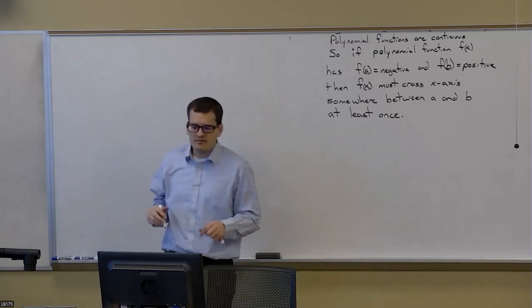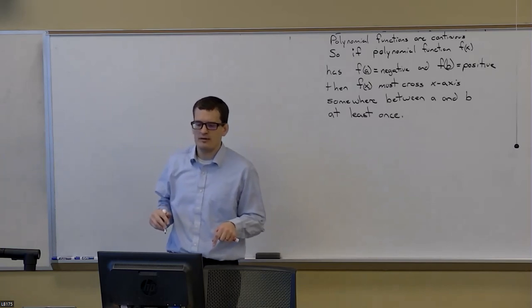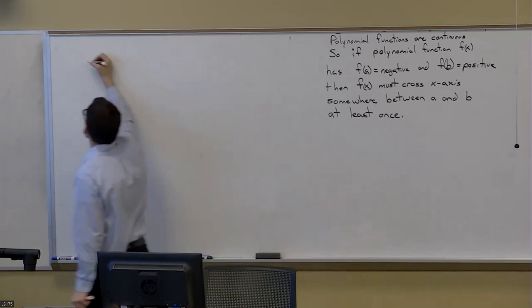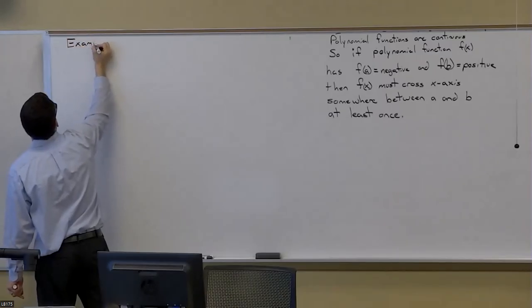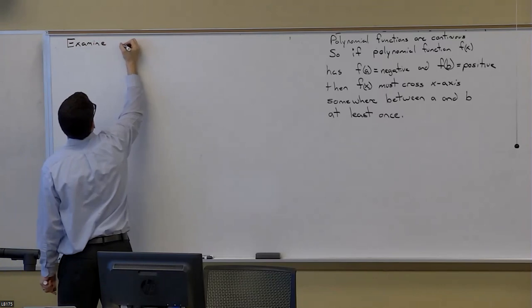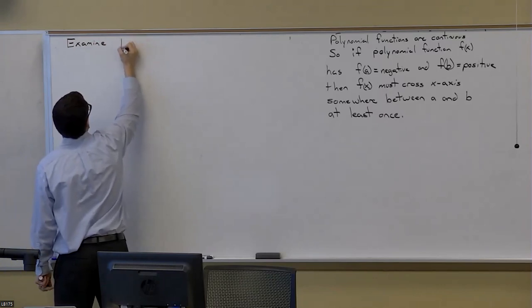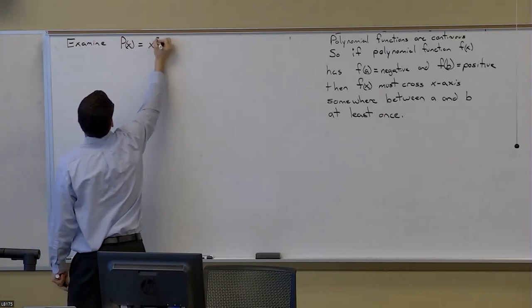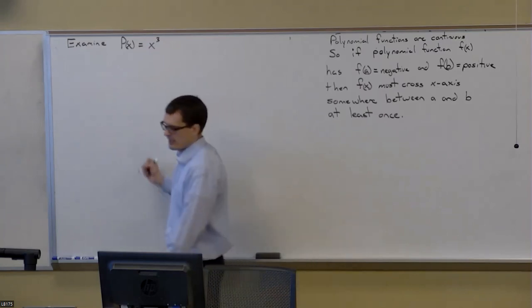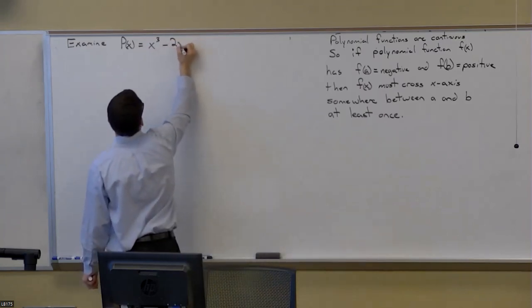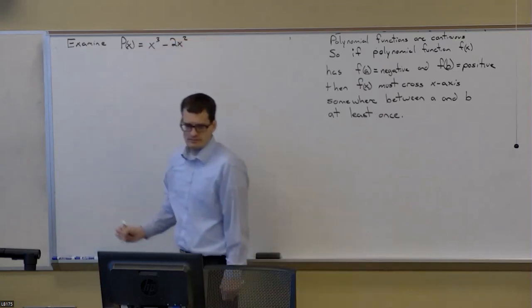So let's take the following function. I'll use P for polynomial function: P of x equals x to the third minus 2x squared plus 1.